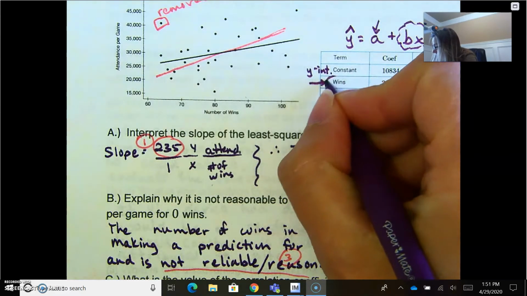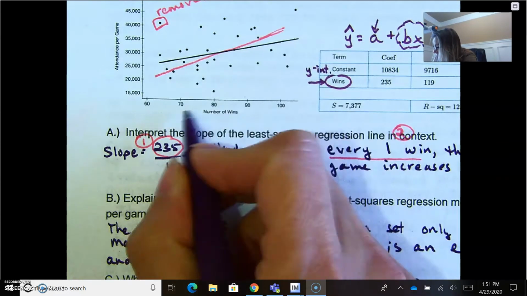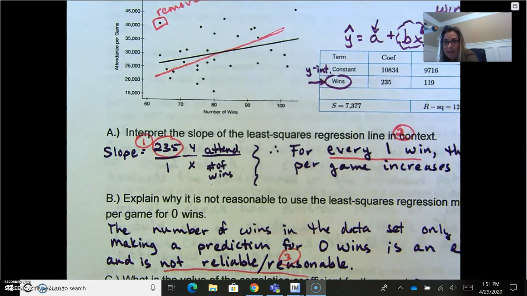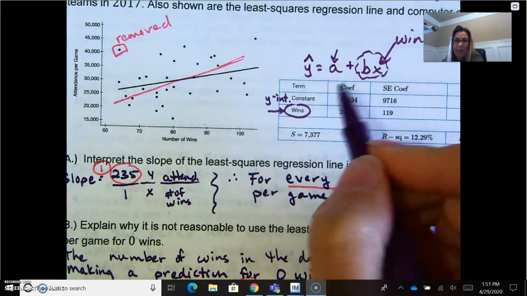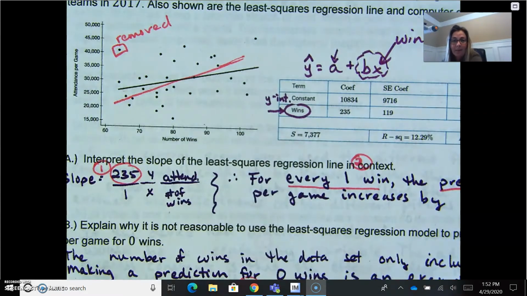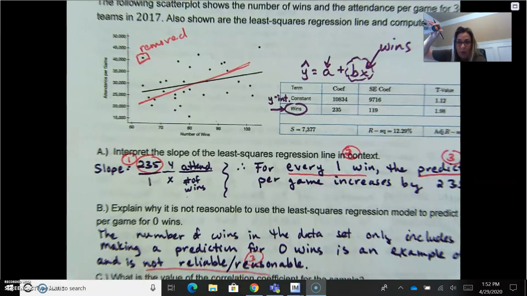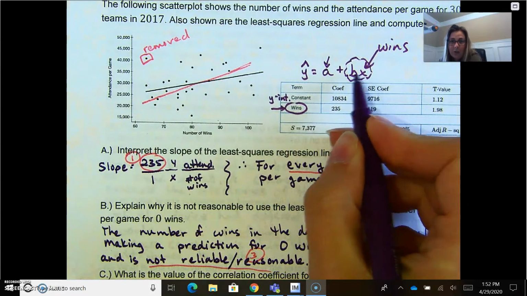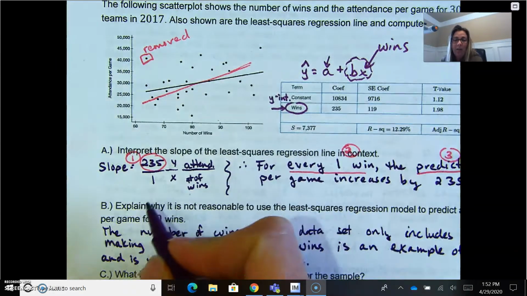All right, so what they're saying here is wins is on the x-axis. So wins is the input in this equation, right? Wins goes in and then the output is attendance per game on the y scale. So the coefficient that's attached to x, attached to wins, is 235.